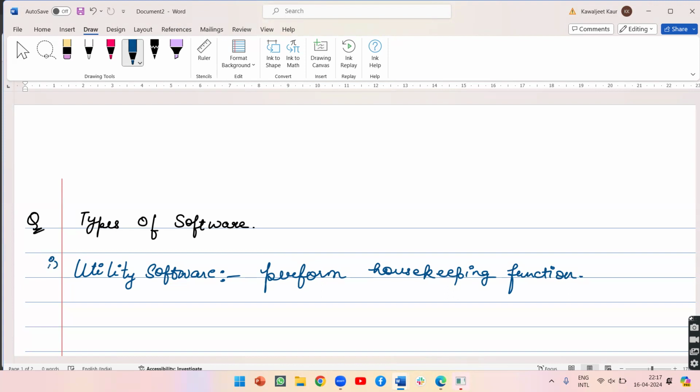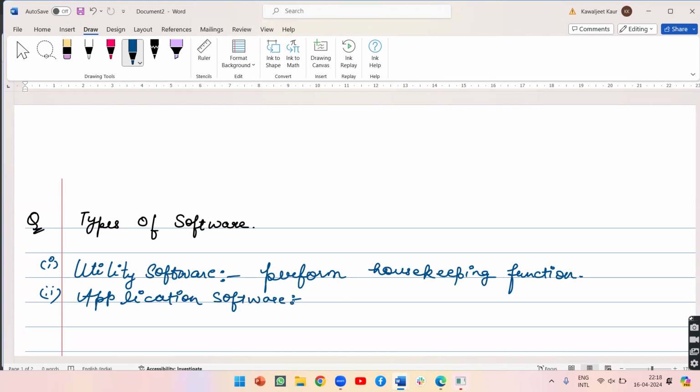So one is the utility. The second one is application. It is actually regarding the operations of a specified application. Application software is basically very important software without which you will not be able to access any software.